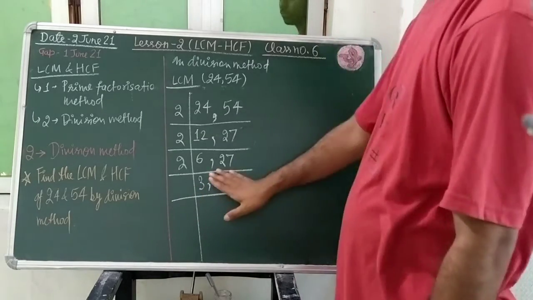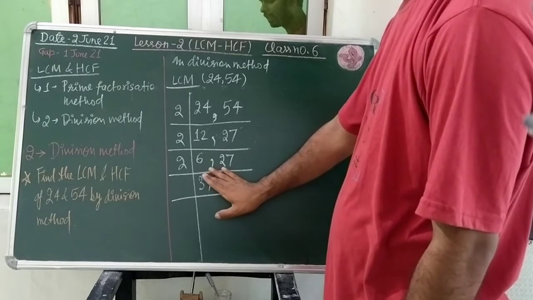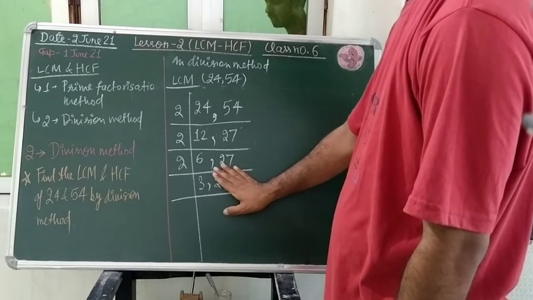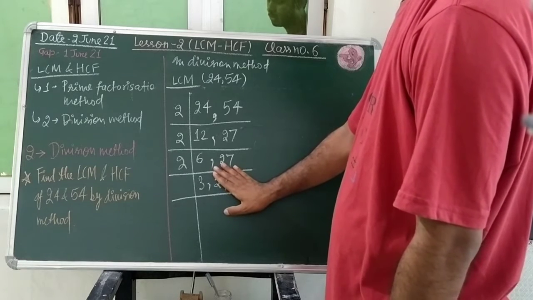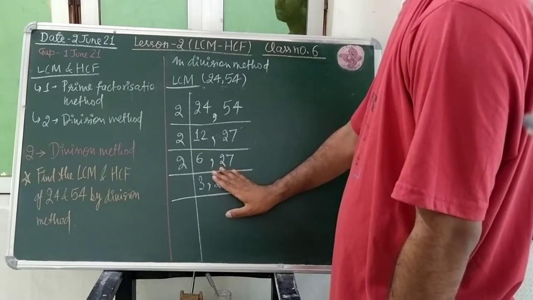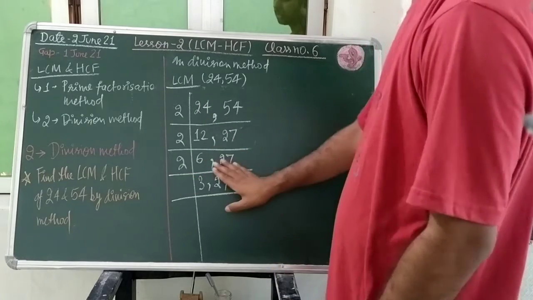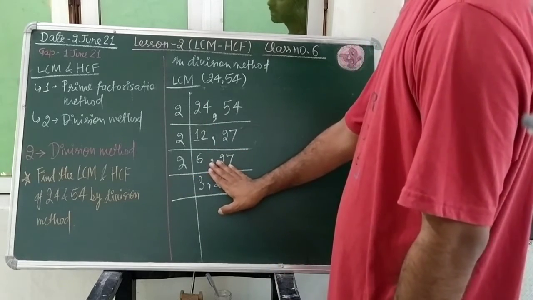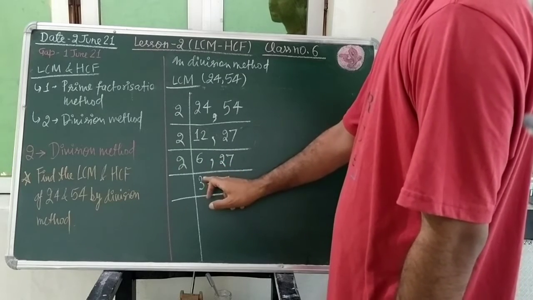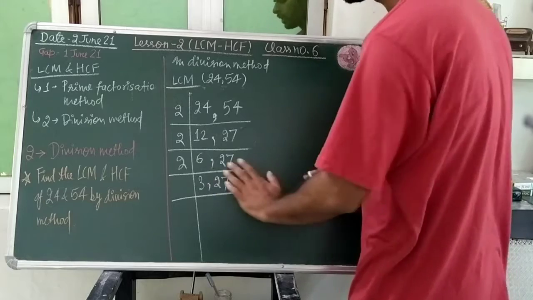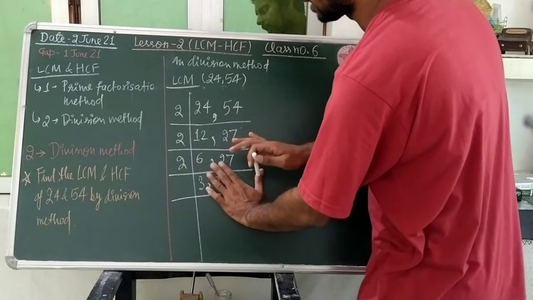So we'll look at one number only. And 3, students, is a prime number. It is not a composite number. So for a prime number, we will select the same number. So 3 is there. For prime numbers I have told you, only one number you can select at one time.